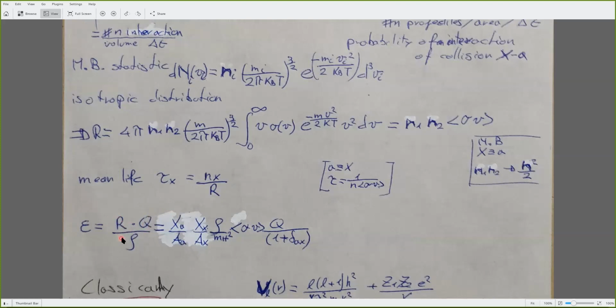This will be energy by volume; dividing by density, you have the energy by mass.